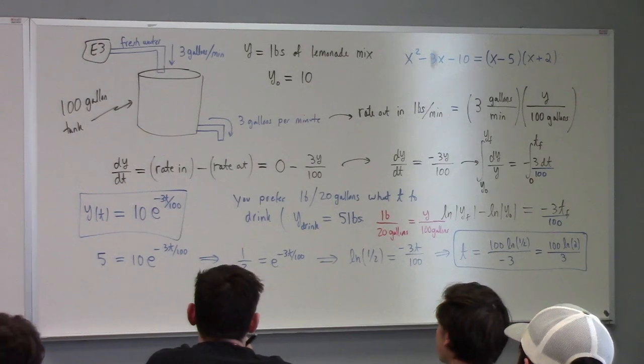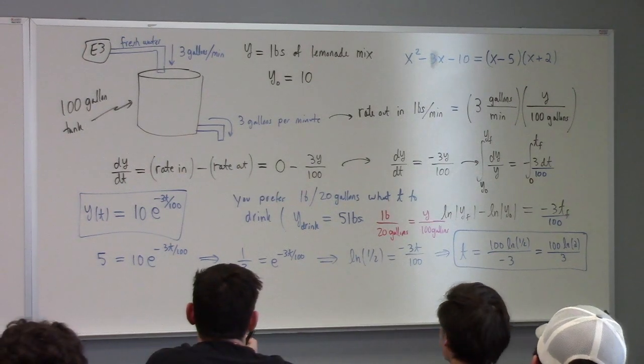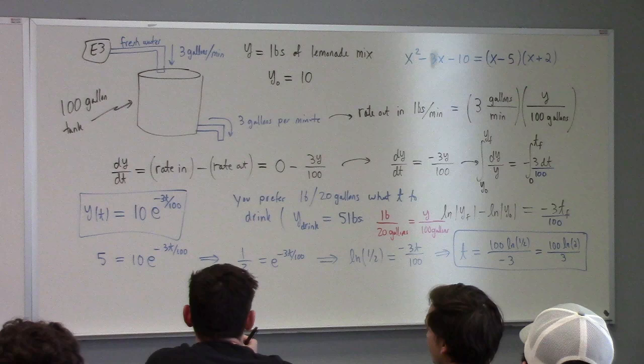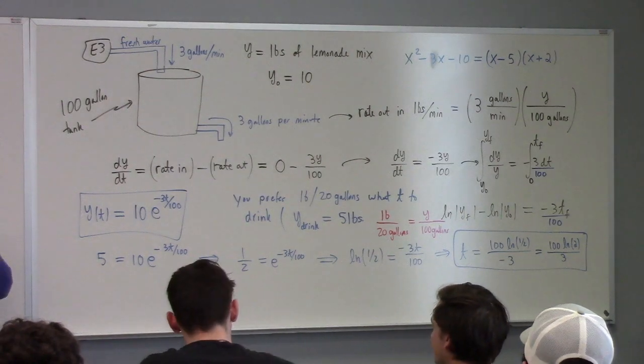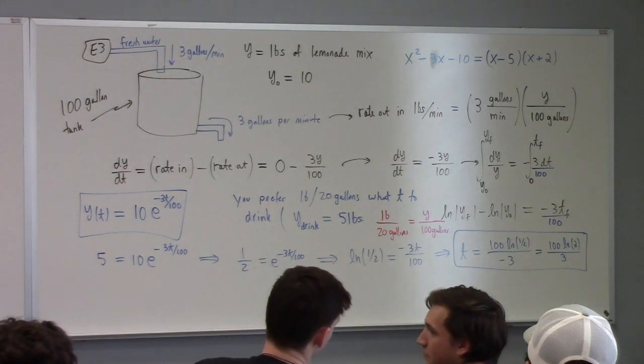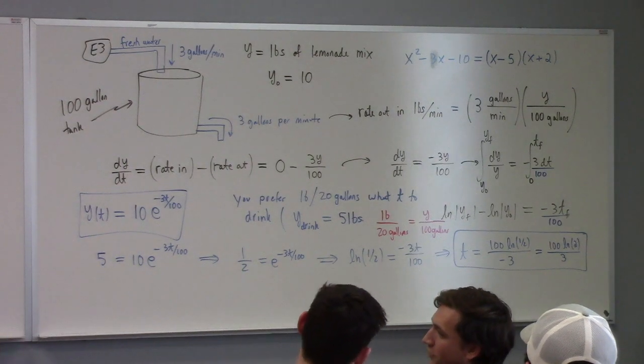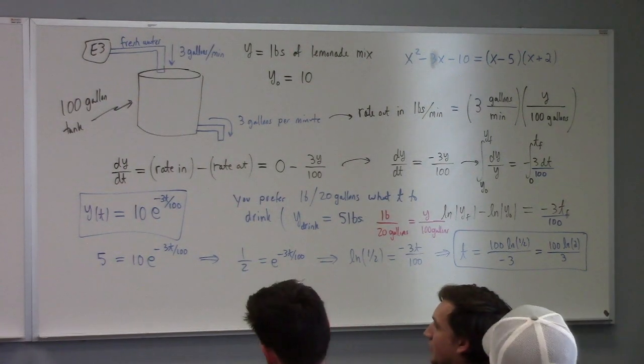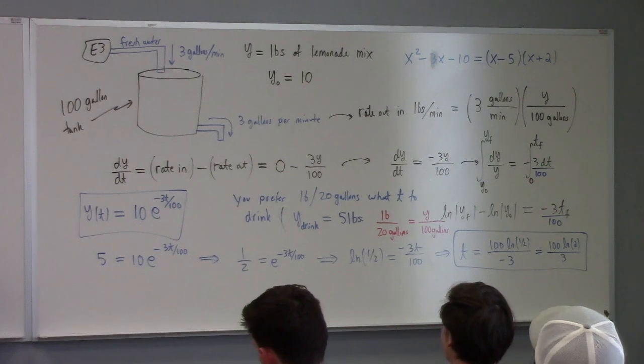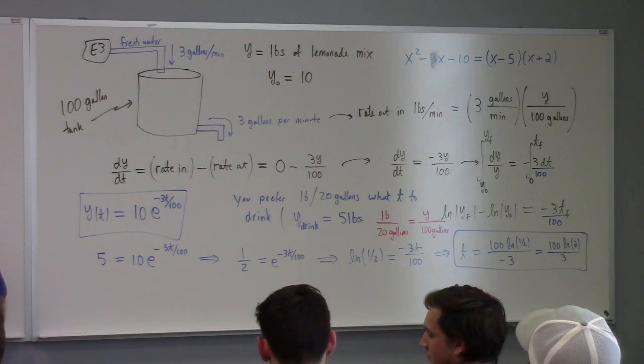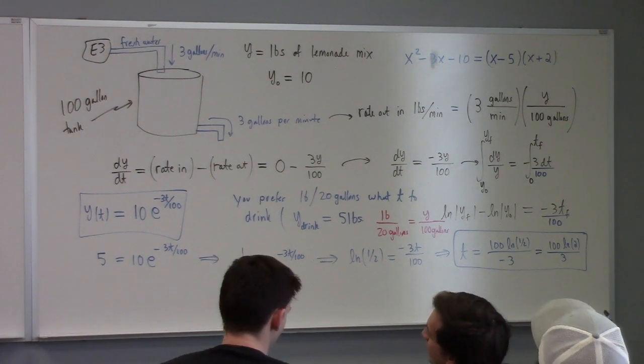I've got natural log of y minus the natural log of y naught equals minus 3t over 100. We exponentiate both sides. First of all, that's the natural log of y over y naught. And I don't need absolute values here because it's clear that y and y naught are positive. I exponentiate both sides.